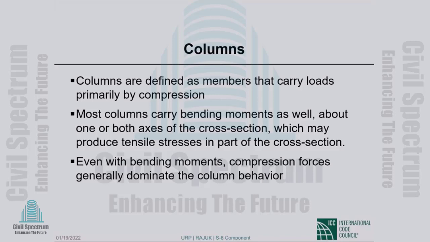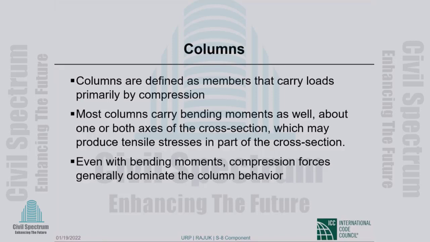If the ratio is less than 3, then the element is called a pedestal, not a column anymore, and pedestals have somewhat relaxed design rules. In a building, a height to minimum plan dimension ratio below 3 is something you will typically not encounter anyway.